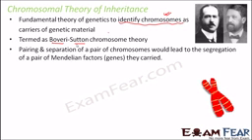So pairing and separation of a pair of chromosomes would lead to the segregation of a pair of Mendelian factors they carried. With this theory, it was observed that whatever laws Mendel had given were not absolutely incorrect. They were also correct, because Mendel said that the factors or alleles segregate for gamete formation.